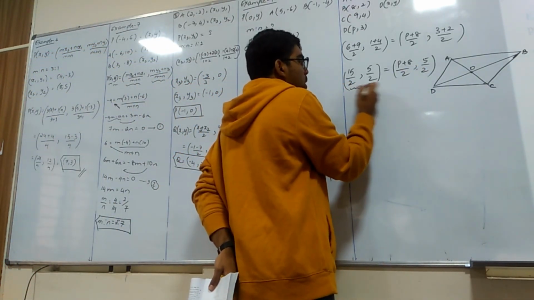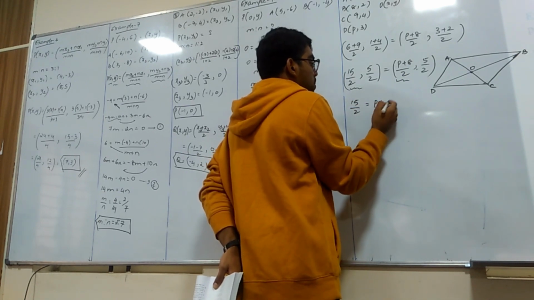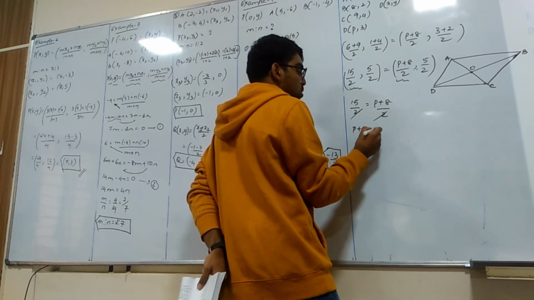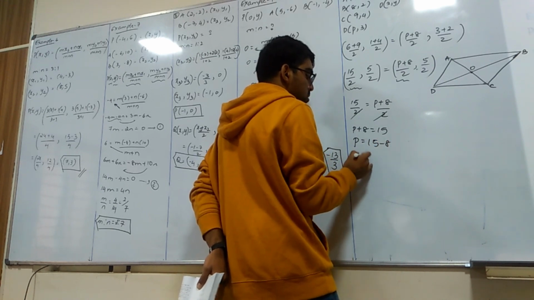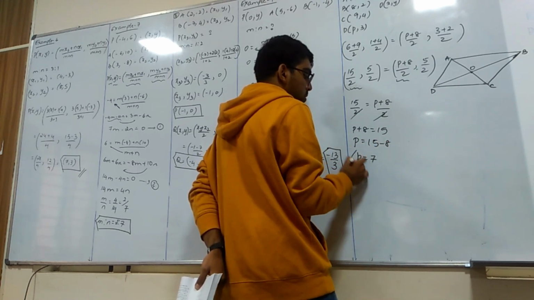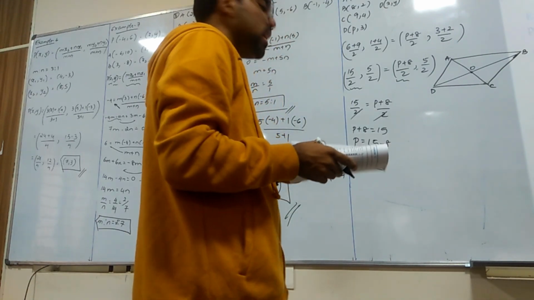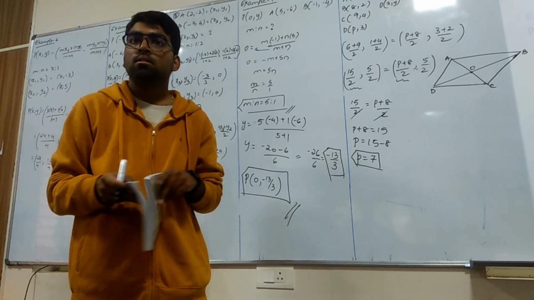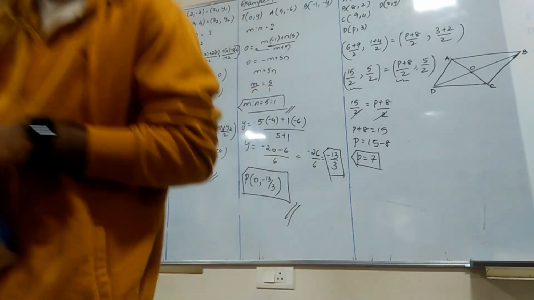We just equate the x coordinates. 15 by 2 is equal to P plus 8 by 2. 2 gets cancelled. P plus 8 is equal to 15. P is equal to 15 minus 8, which is 7. So what have they asked us? They have asked us to find the value of P. Clear? Doubt?